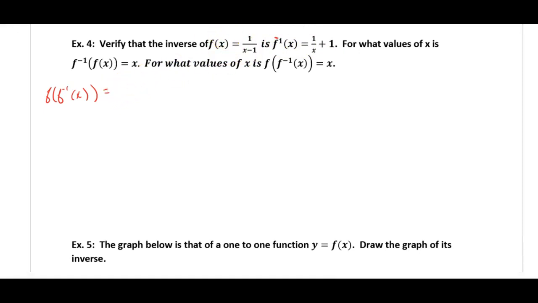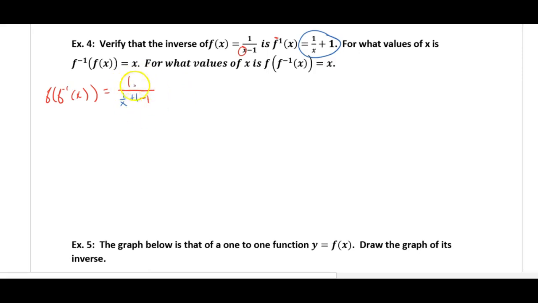So let's take a look at this. If I have 1 over, I'm replacing this x now with this function. So this is going to be 1 over 1 over x plus 1, but then I still have to subtract this 1.